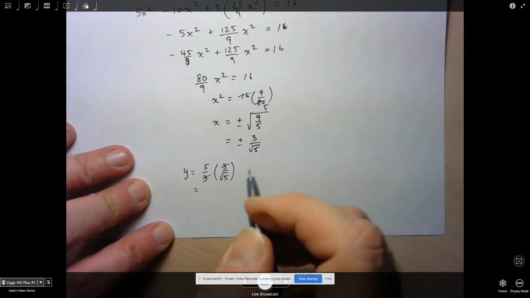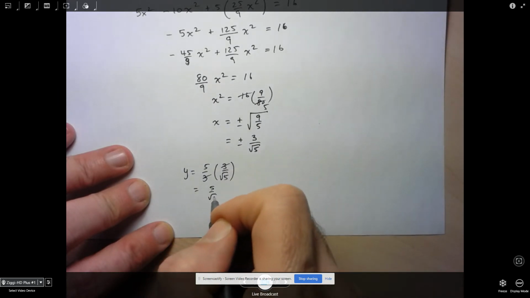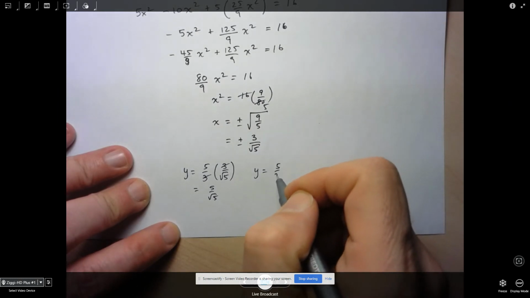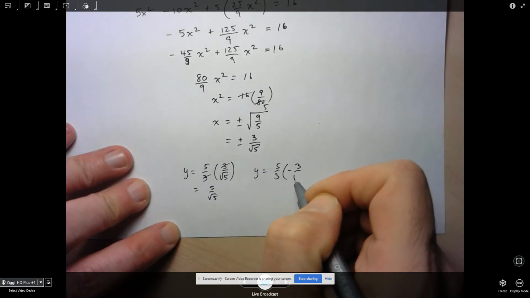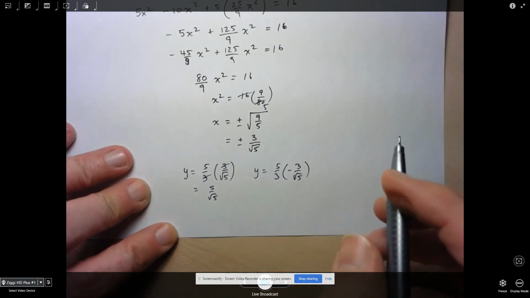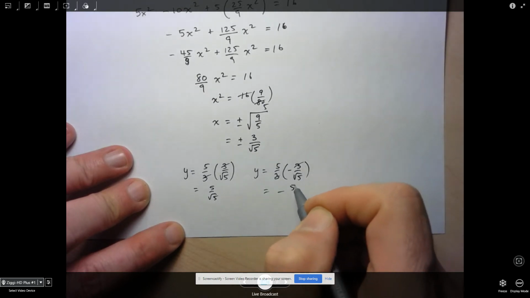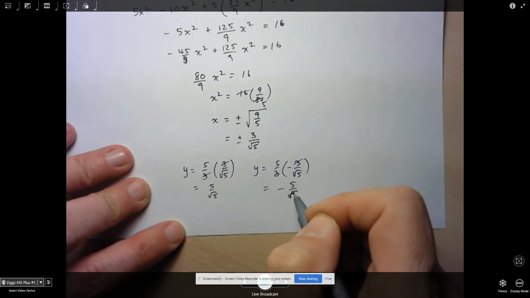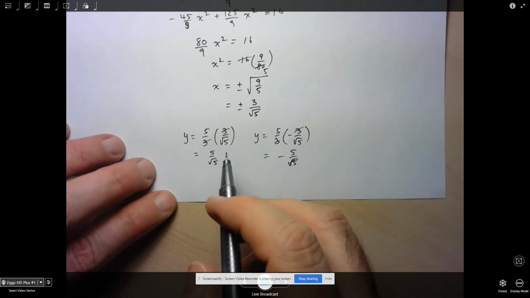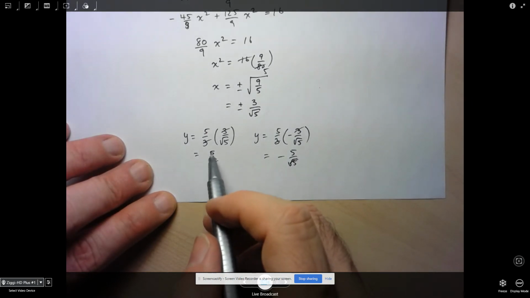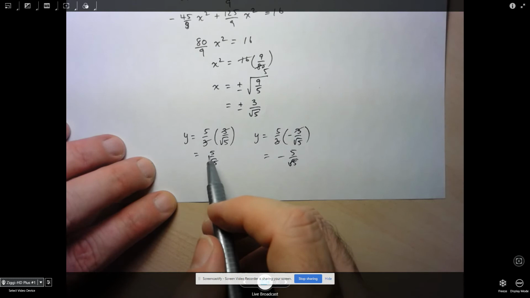So I'm just left with 5 over root 5, or y is equal to 5/3 times negative 3 over root 5, which is almost the same thing, just negative 5 over root 5. Now if you think of this, 5 over root 5 is like 5 to the 1 over 5 to the half. It's just going to be 5 to the half, so it's actually just going to be root 5.